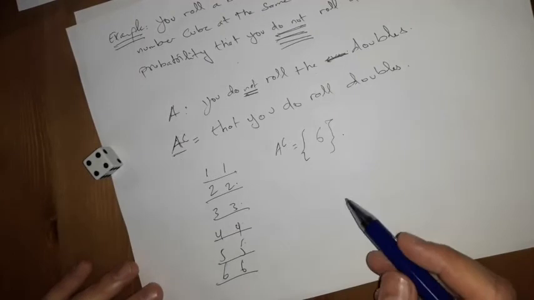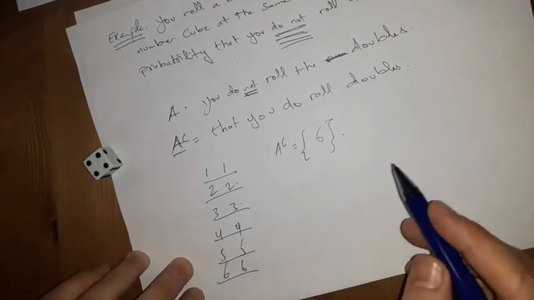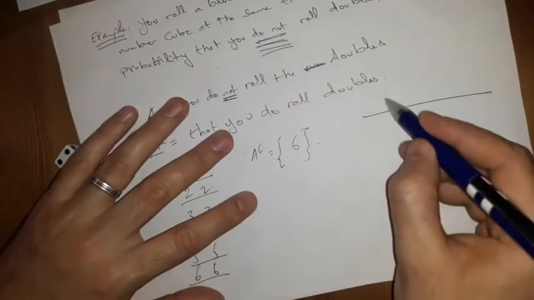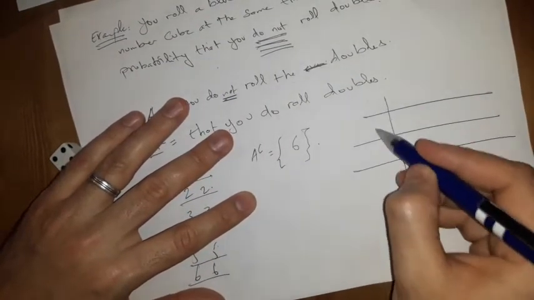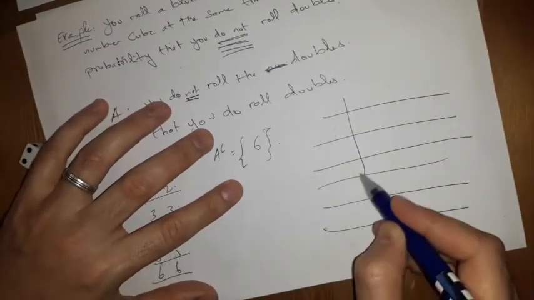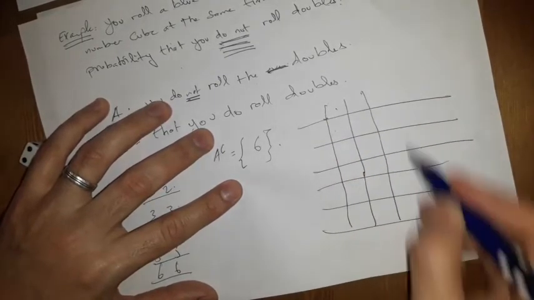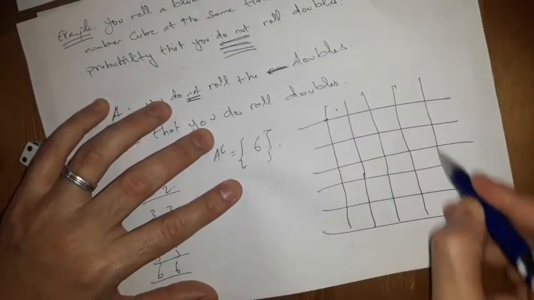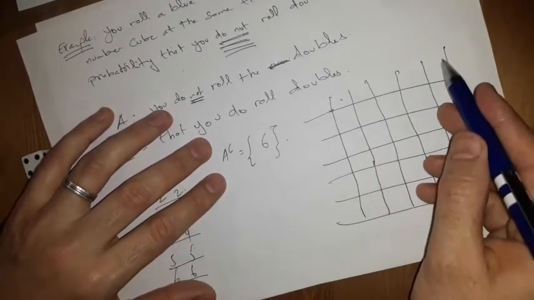Of course, you can also make a diagram with a two-way table. If you want, you can do it this way. Let me do it very quick. 1, 2, 3, 4, 5, and 6. This is blue and this is white.